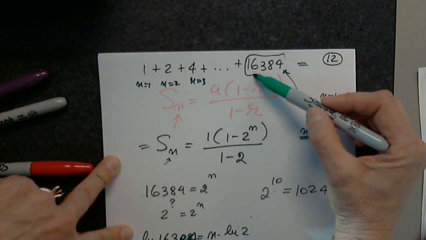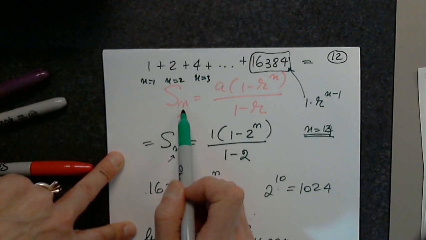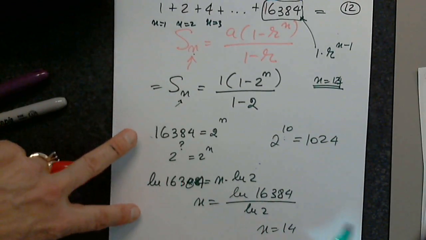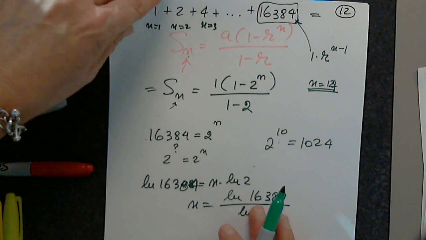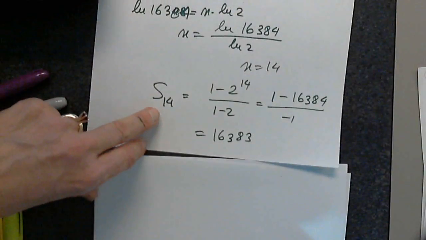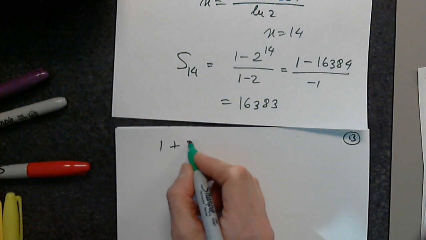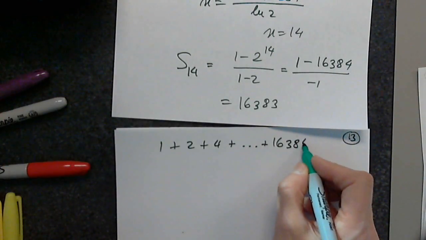So this term, we're really asked to find, right? So we determined from equating, so that's why we have to do this again. Be careful. Not your fault. Mine. So 1 plus 2 plus 4 plus ... 16384.